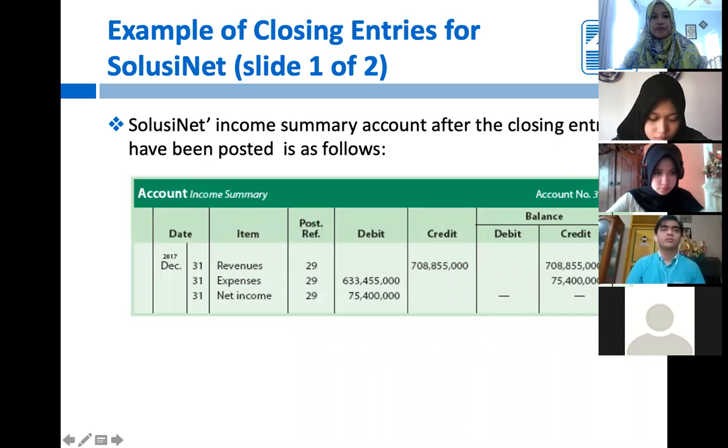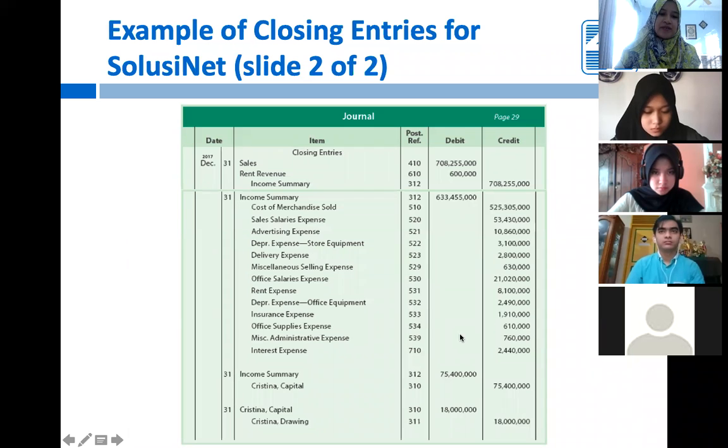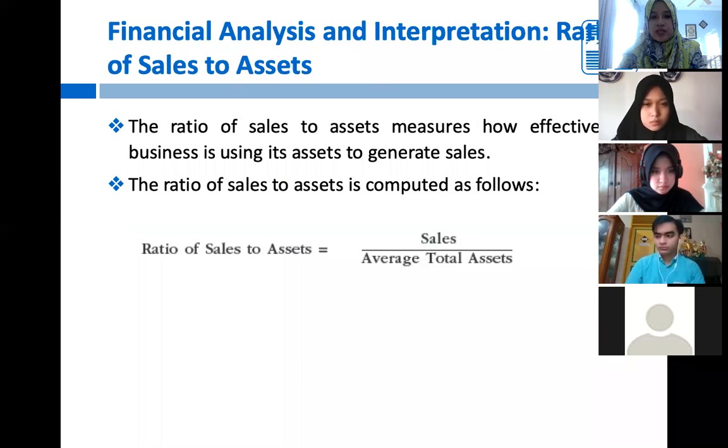So this is the income summary account. It will have the credit of revenues and the expenses, and it will result in the difference of net income. Okay, these are the closing entries. I believe you have understood this because you have done it also in the service company.